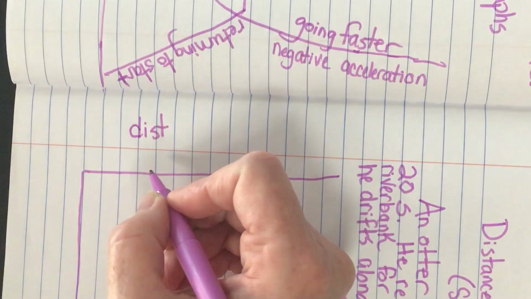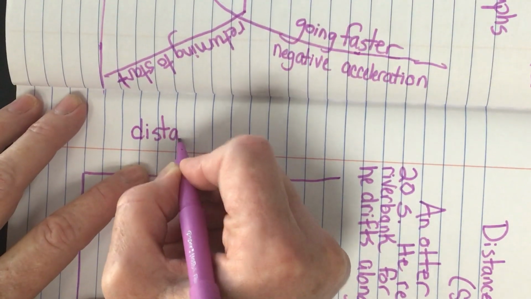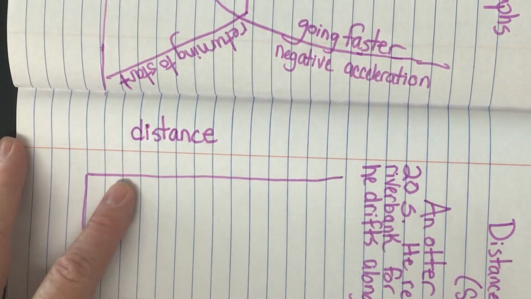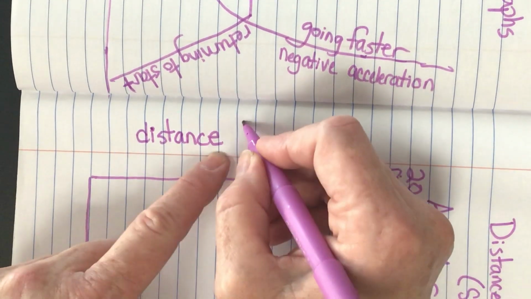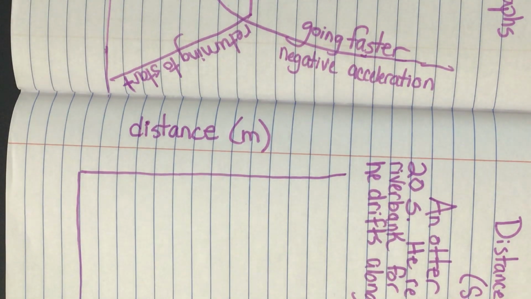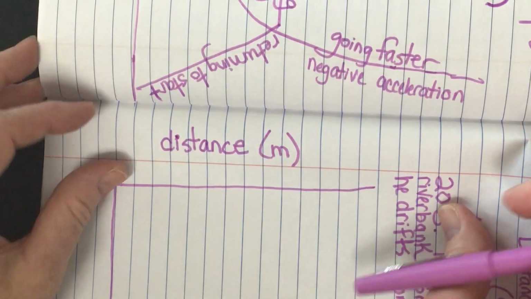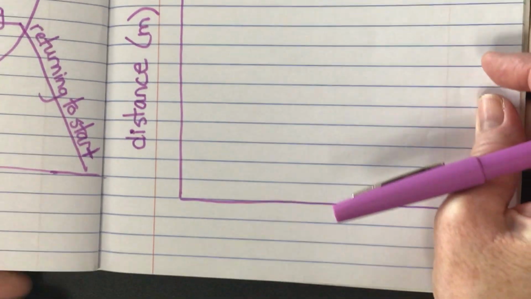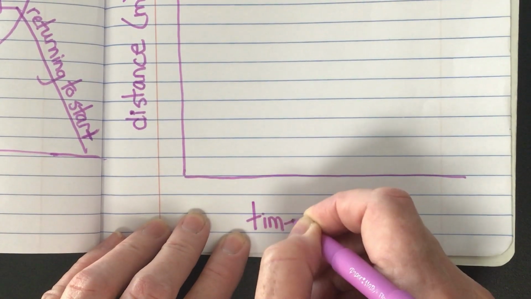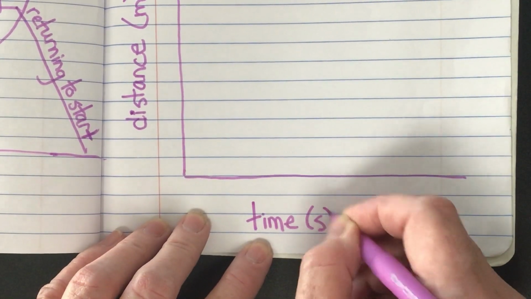We're going to label the distance in meters. Okay, so we have distance in meters, and then on the x-axis we have time in seconds.